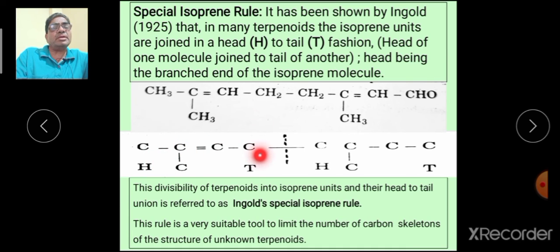This is the other end, the tail. Branched end, head; other end, tail; and therefore they are joined head to tail. This division of terpenoids into isoprene units and their head to tail union is referred to as the Ingold special isoprene rule. And this rule is a very suitable tool to limit the number of carbon skeletons of the structure of unknown terpenoids, because the arrangement is known.